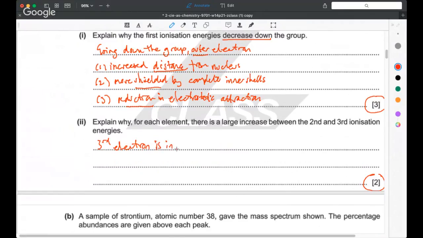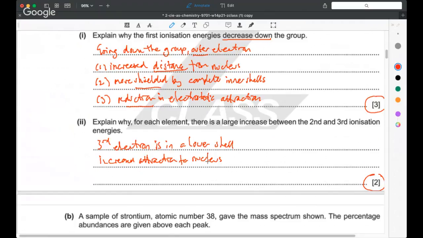is in a lower shell, and because it's in a lower shell, there's an increased electrostatic force of attraction for the nucleus.